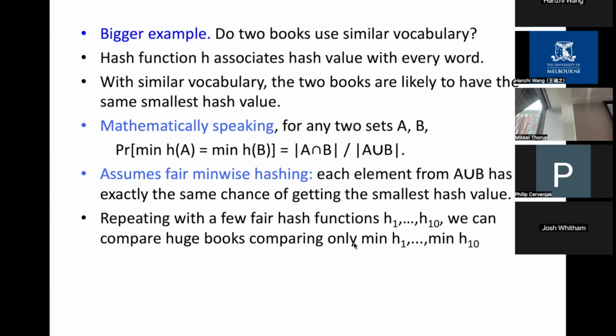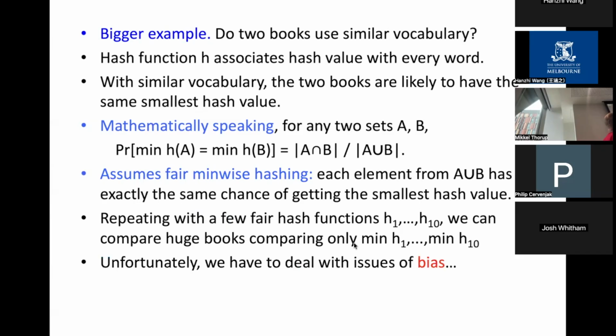And then we're just doing 10 random trials. And the mean number of times that we get a match is our estimate of the Jaccard similarity. So it quickly becomes precise when you get up to a logarithmic number of hash functions. So instead of having to store the books, you just have to store a logarithmic number of hash values.